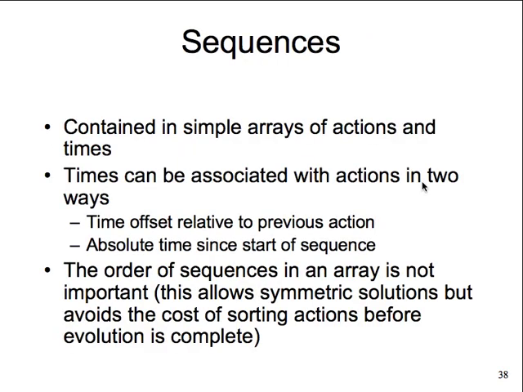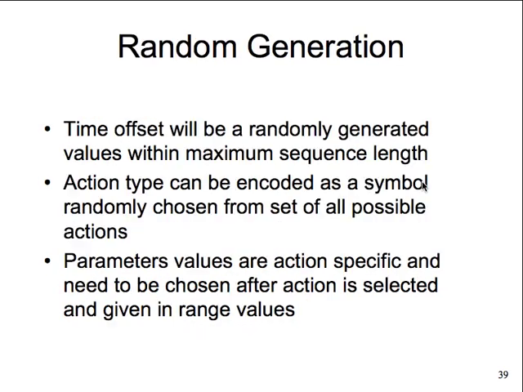So the sequence can be a simple array of actions and times for the actions to occur. If you made a simulation of an animal or a being jumping, moving, walking, evolving, you can put this in a matrix to solve the problem. The time offset is relative to the previous action. The absolute time since the start of the sequence can be calculated, and the order is put into an array.